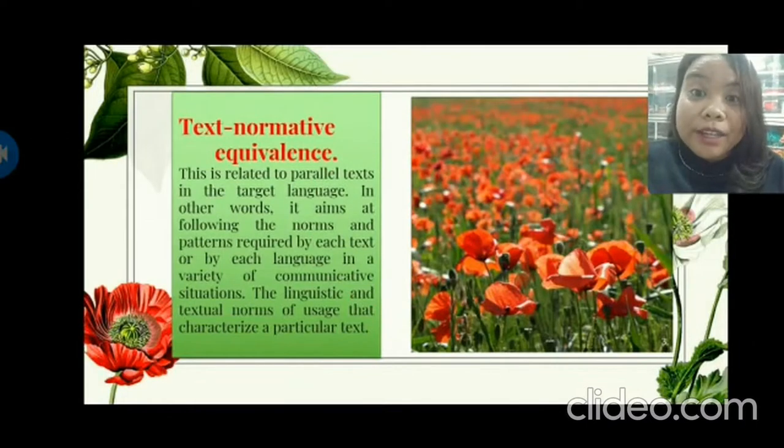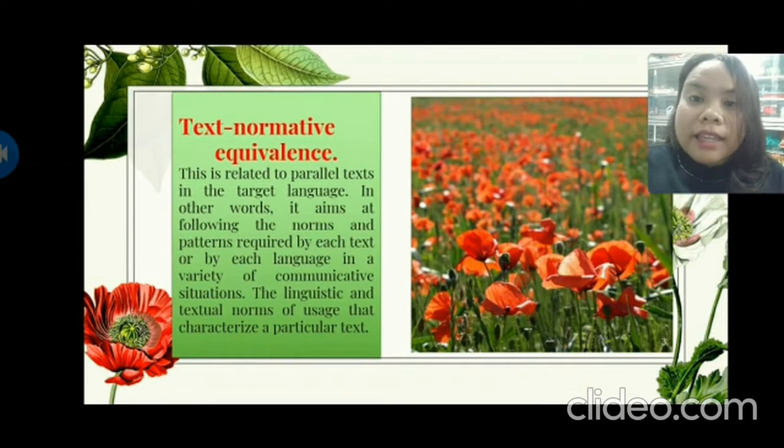Okay, I'm Putri Simanjuntak, and I will continue our materials about the text normative equivalence. Text normative equivalence is related to parallel text in the target language. In other words, it aims at following the norms and patterns required by each text or by each language in a variety of communicative situations.